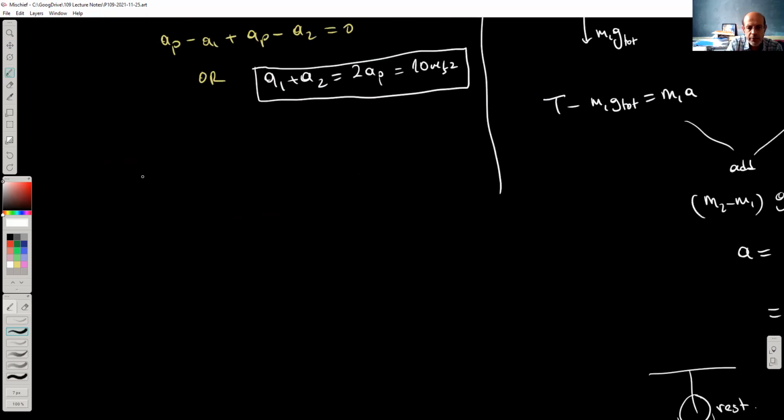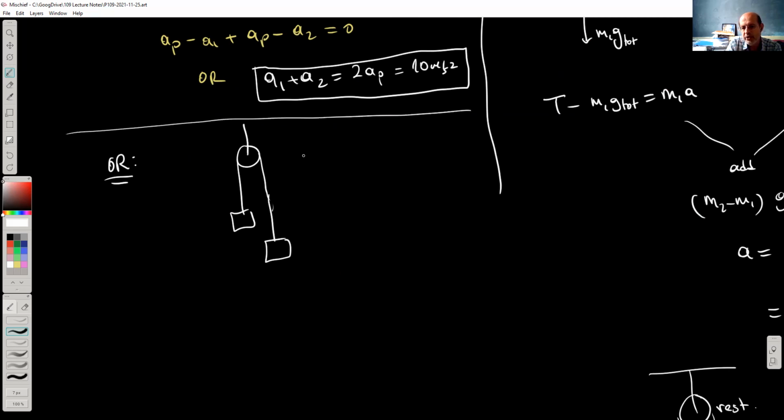There's another way of deriving this, or we can do it like that. We can basically pass to that accelerated reference frame for a moment, at least for deducing the constraint relation. So let's say it like this: in the frame of the pulley. Okay, so this is at rest.